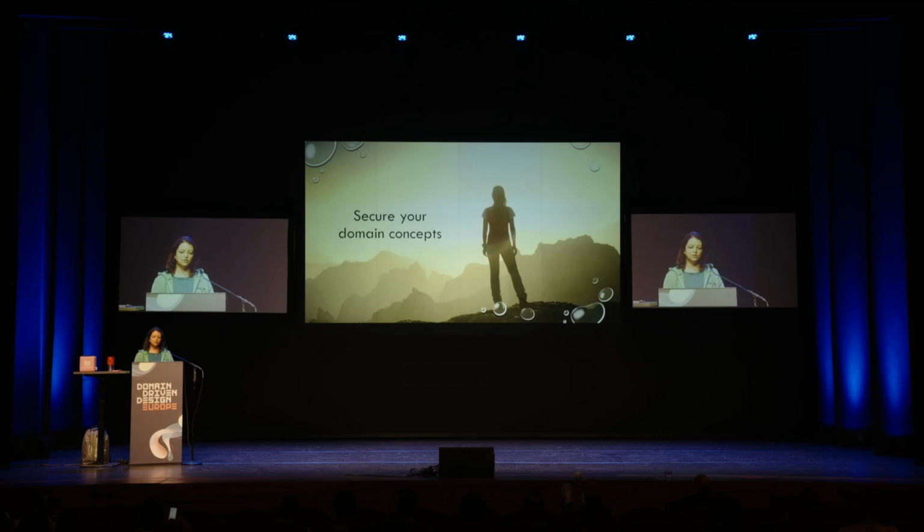This rule secures your domain concept. And in this way, moving the behavior inside your classes, be it an entity, a value object or an aggregate, you introduce the domain language in your code.